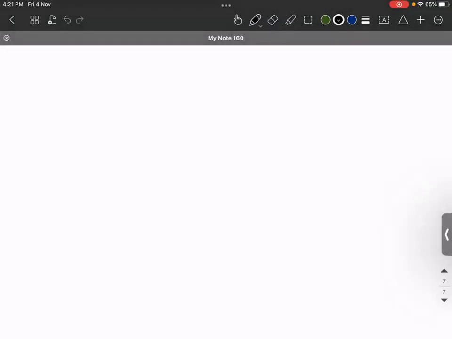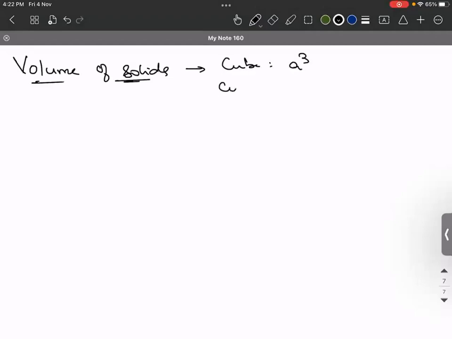So the next set of problems that we are supposed to start is volume of solids. First, let's discuss for a cube. For a cuboid, what is going to be the volume?